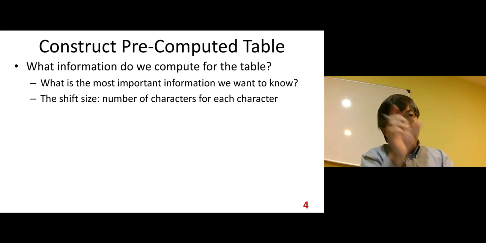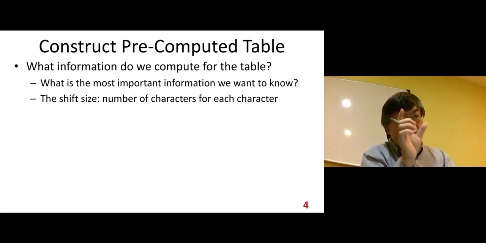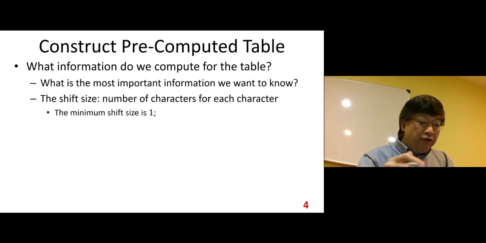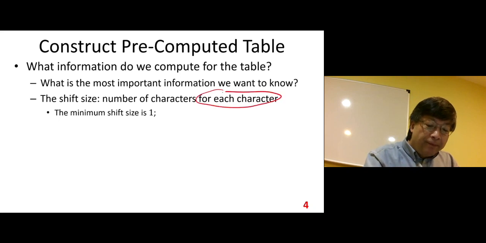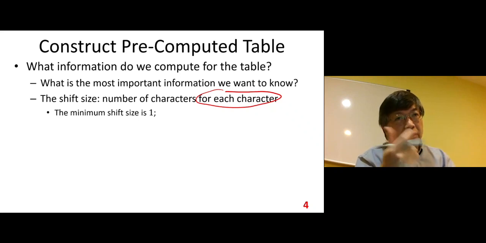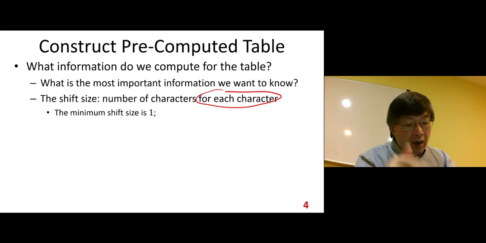At each step, how many characters do we want to shift the pattern to the right? For each character there is a shift size, but when we go to a different character, the shift size could be different. Which character? Later you will see.